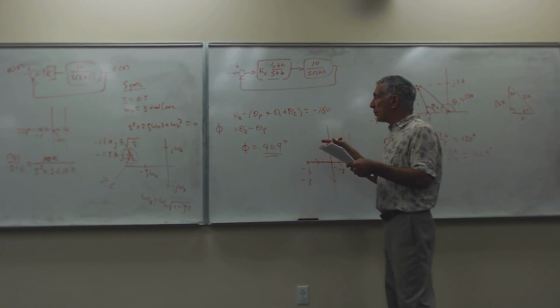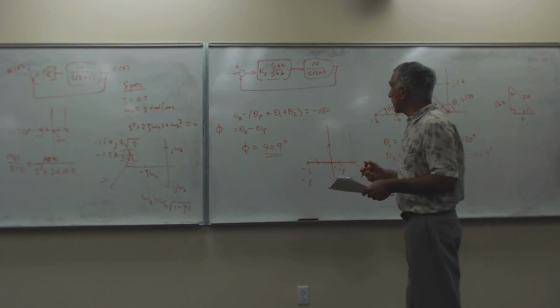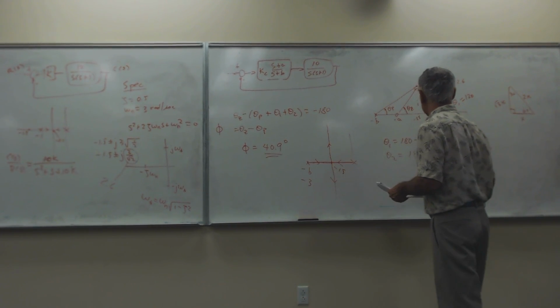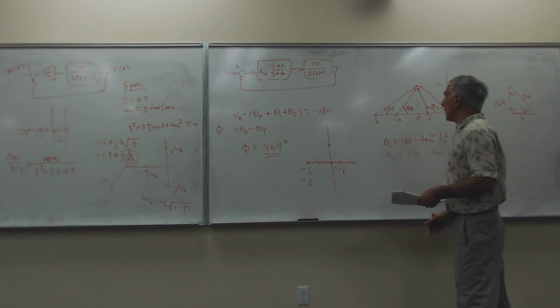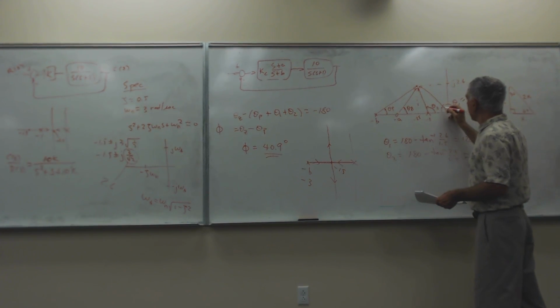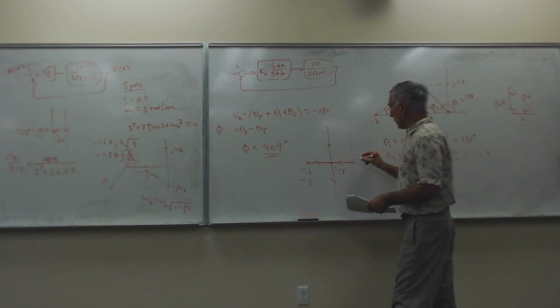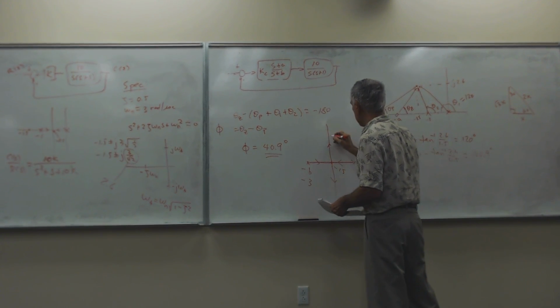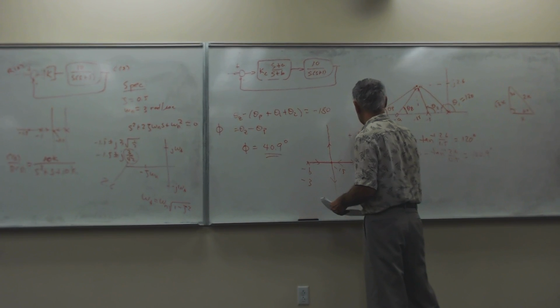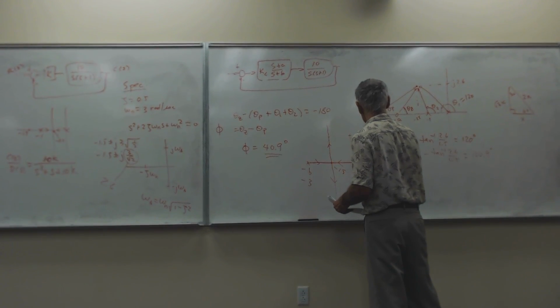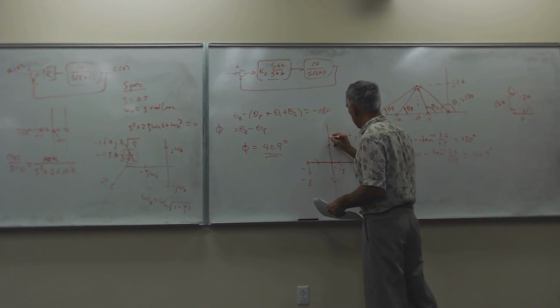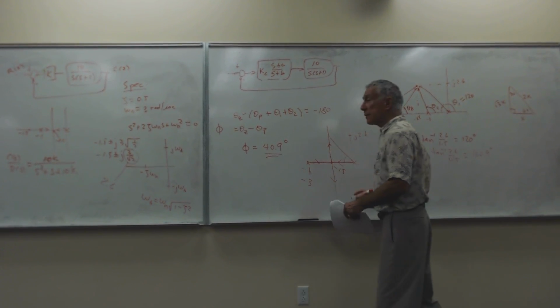I mean, you could go through and apply the angle condition in order to find this theta p angle here. Well, you know that this angle here is 60 degrees. In other words, here's a desired pole, that's a j2.6. And the desired pole is at 60 degrees.